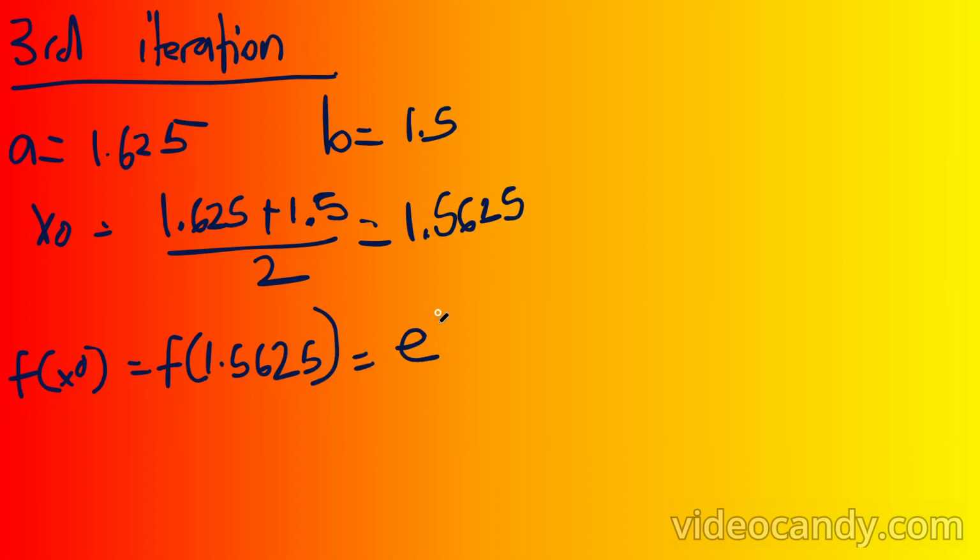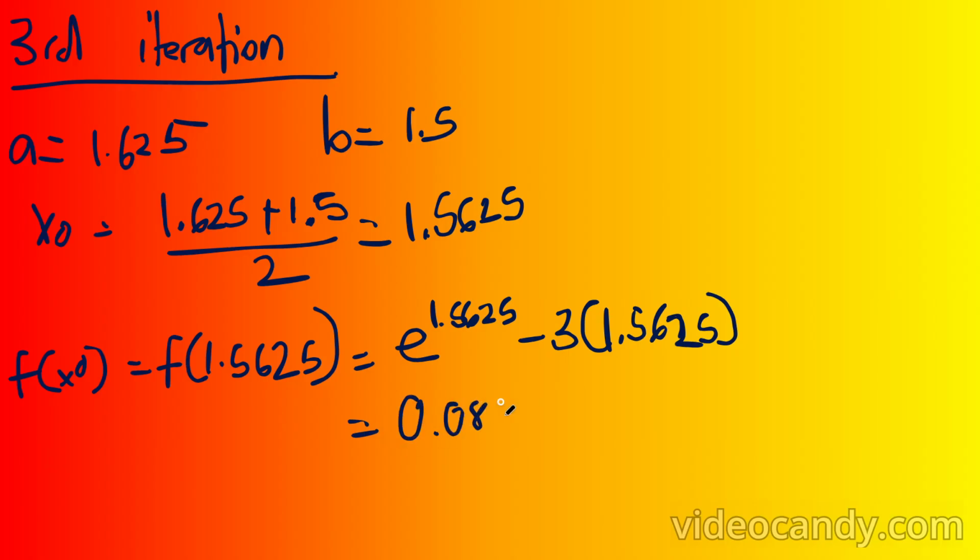So f(1.5625) equals e^1.5625 minus 3 times 1.5625. The answer is 0.083233.